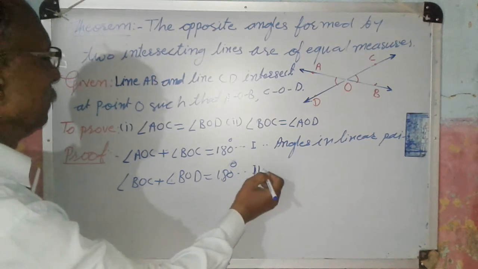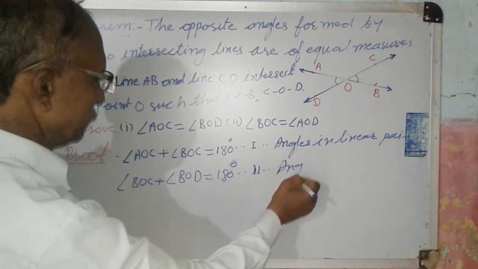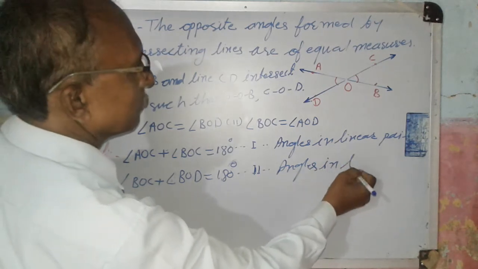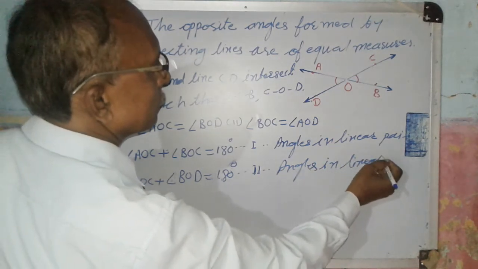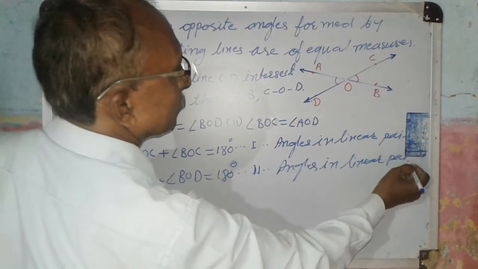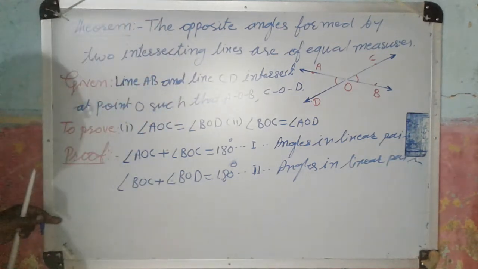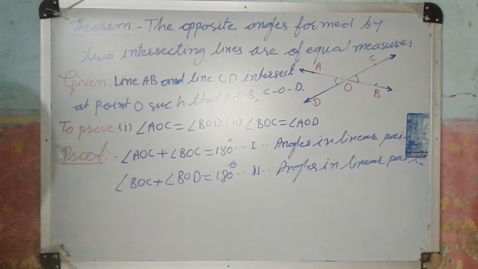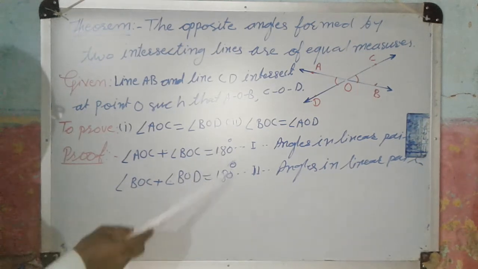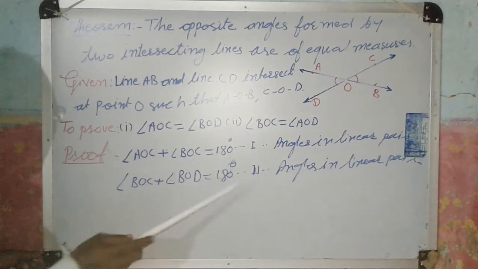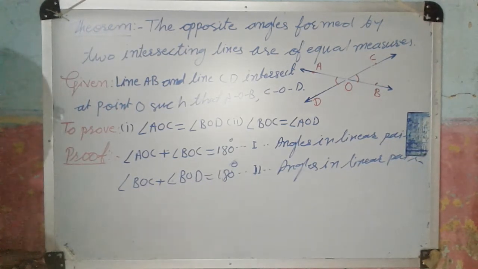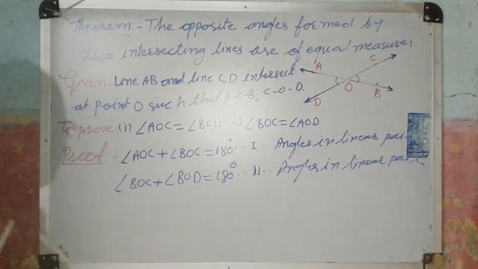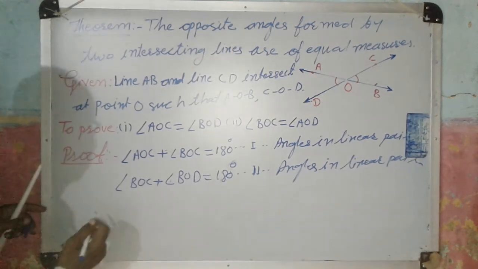Statement 2. Same result, angles in linear pair. Now, in these two statements, their right hand sides are equal. So their left hand sides should also be equal.